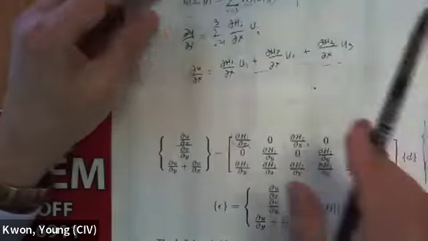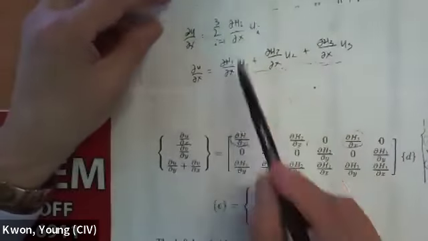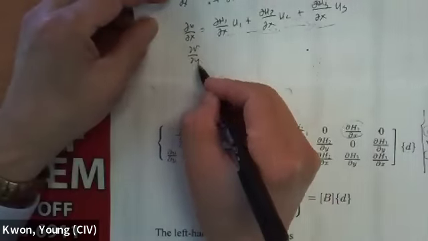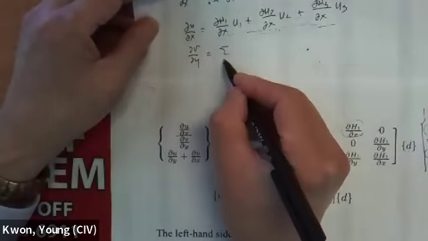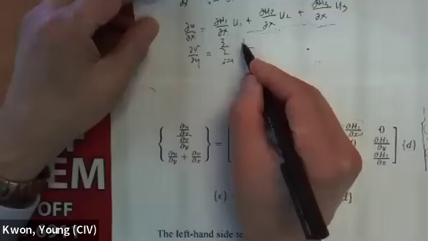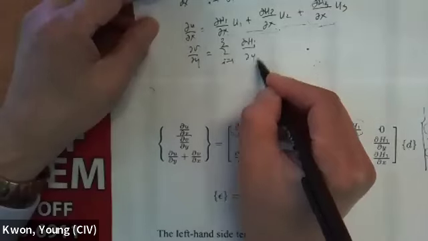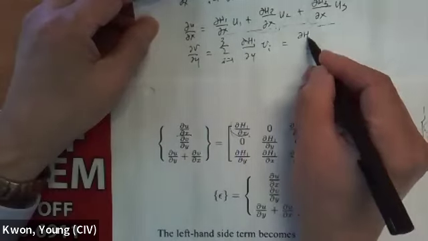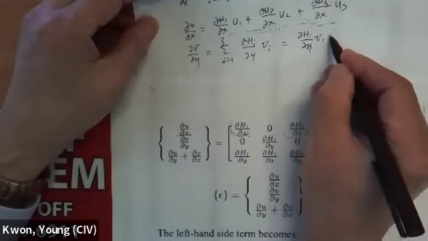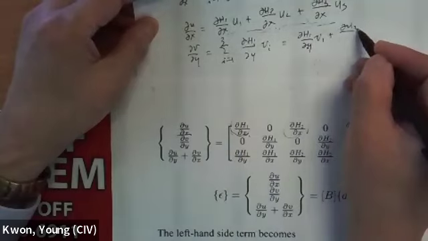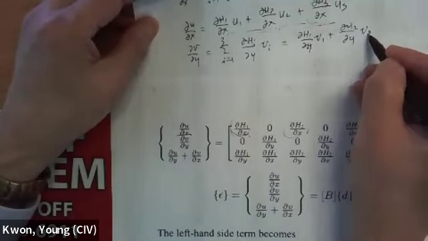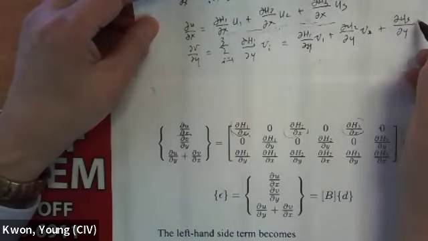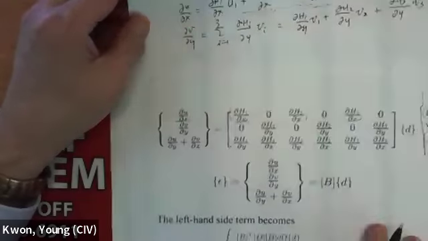Then what about dv dy? Dv dy is from here. Dv dy is the summation of i equal 1 to 3, dhi dy vi. So again, this is going to be dh1 dy v1 plus dh2 dy v2 plus dh3 dy v sub 3.